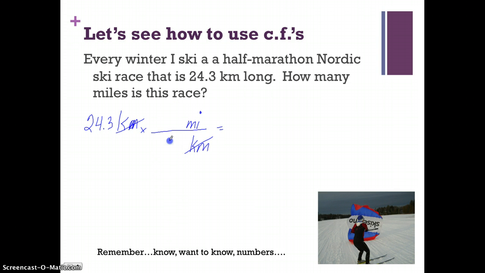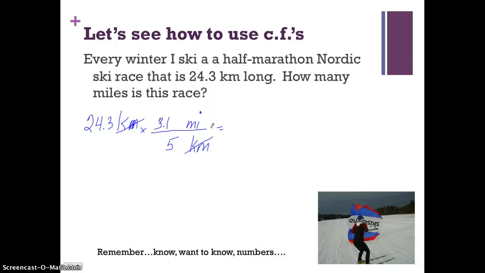All right, so I happen to know a 5K race is 3.1 miles. And if you have any friends that run cross country, or if you run, this is the typical high school distance. So if you look at this then, we're going to be multiplying 24.3 times 3.1, and then we're going to divide that by 5.